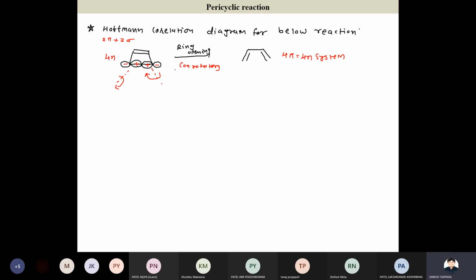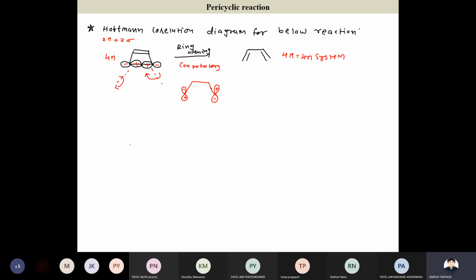So what is the transition state? This type of transition state is there. Positive comes to the lower side, negative goes above here. Positive goes above the plane and negative comes below the plane. Are the two halves the same or different? Different. Okay, so in short this is a transition state.